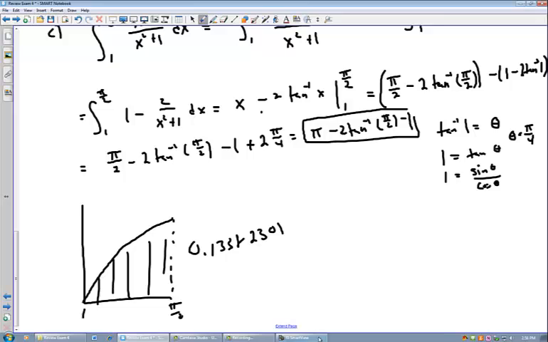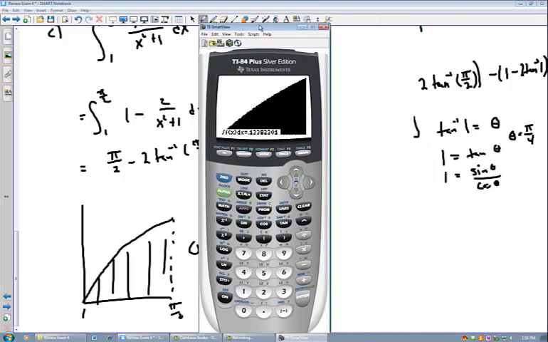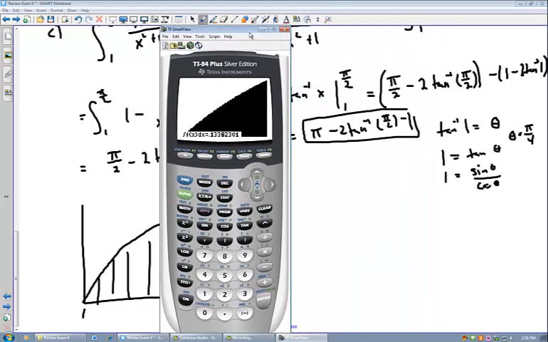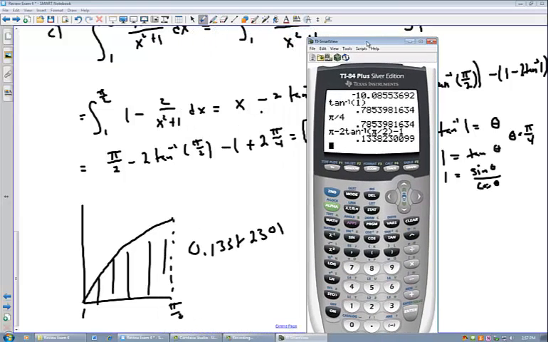And so let's check it. What is this answer that I found? Well, I found this to be second pi minus 2, and I have second tan, to put the tan inverse function, of second pi divided by 2. And then minus 1. And hopefully, these answers are exactly the same, and they are. So that answer and that answer are basically the same.